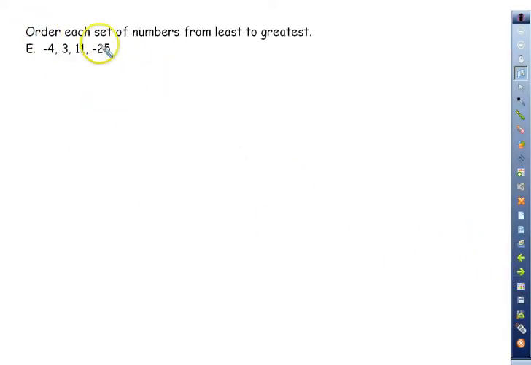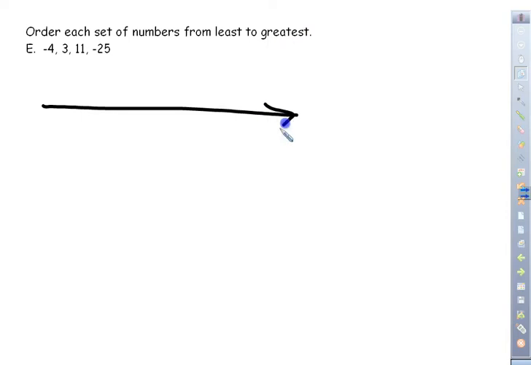Next one says order each set of numbers from least to greatest. Least to greatest. So again, it's using that number line. Here's my 0. I'm going to look at positive 3 here. 1, 2, 3, 4 is going to be negative 4. 11 is going to be out here, and my negative 25 is all the way over here.